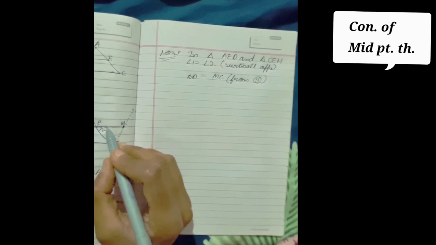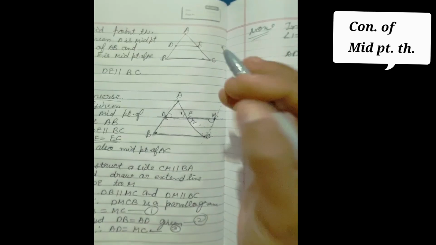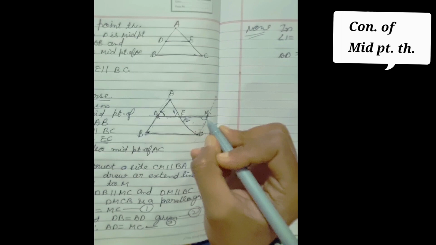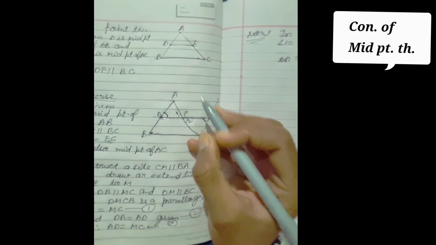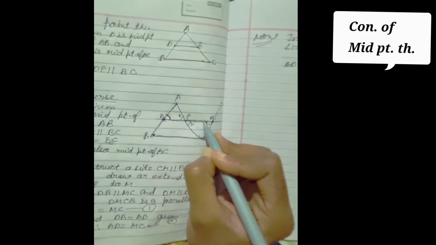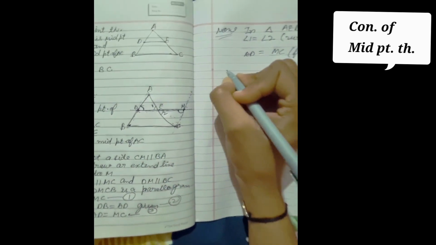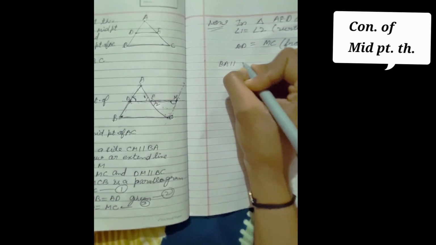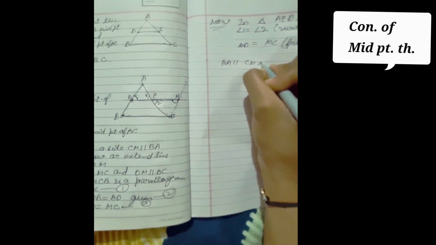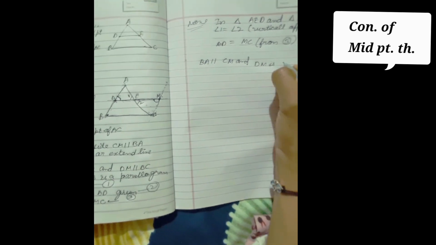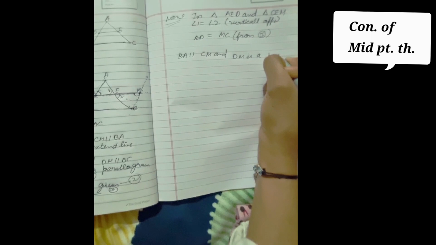Next, here you see this angle equals this angle. The reason is these are parallel lines and DM is the transversal. So we can write BA parallel to CM and DM is a transversal.